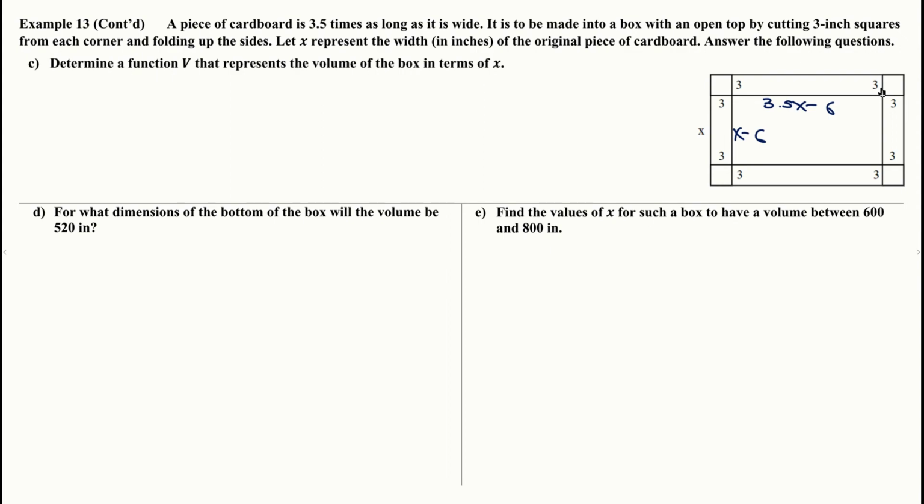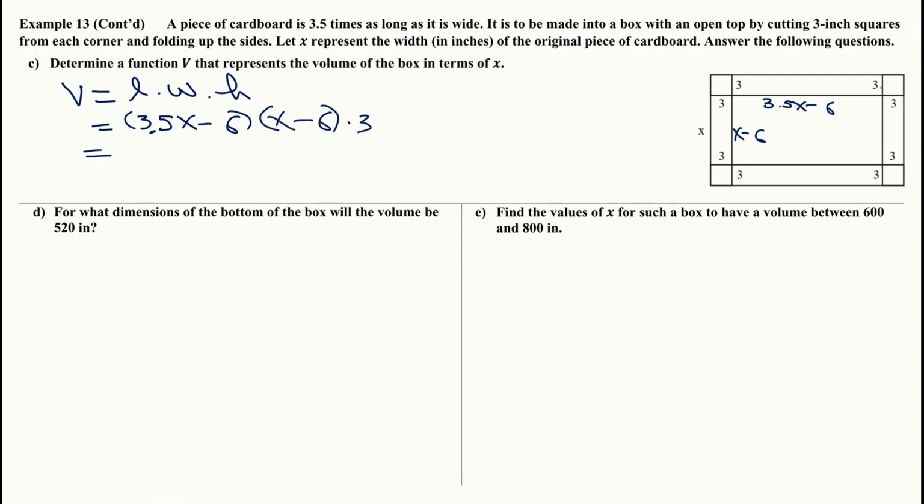So that creates a height of what? 3 inches, right? So the volume, of course, is length times width times height. So you're going to get length, which is 3.5x minus 6, times width, which is x minus 6, times height, which is 3.